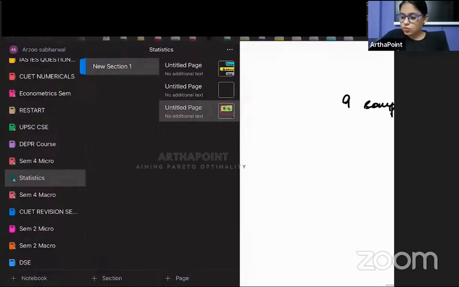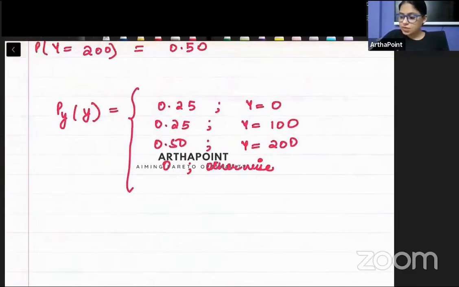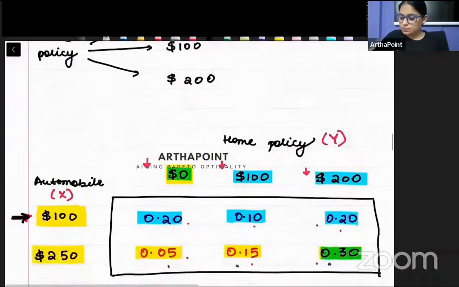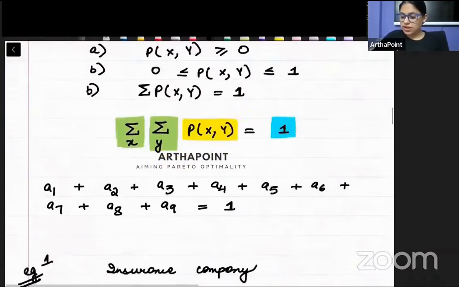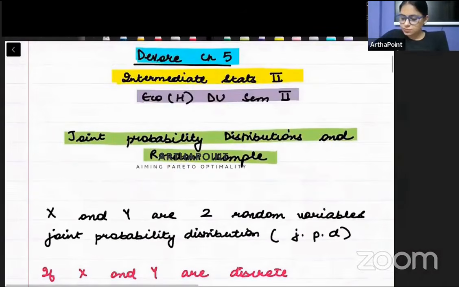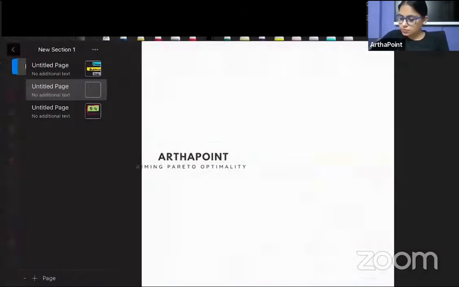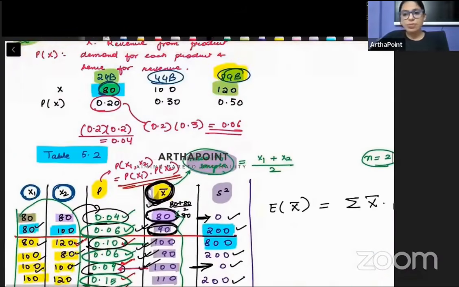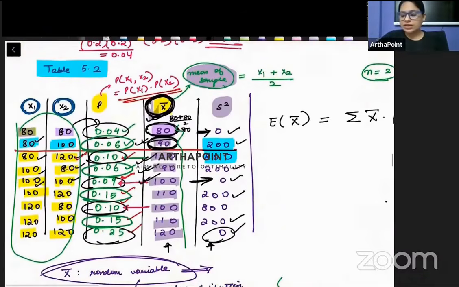I will just take you quickly to that example. So this was the question which we had done. You remember, this is the question we had taken.